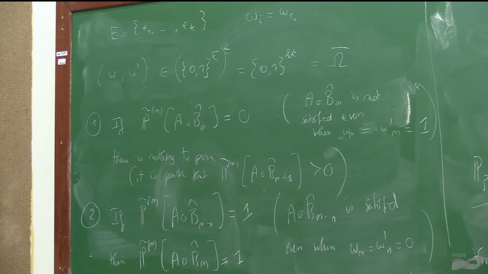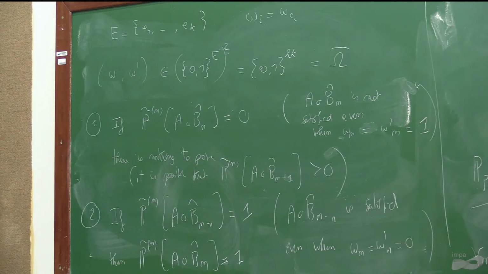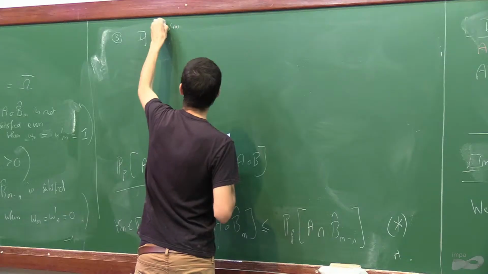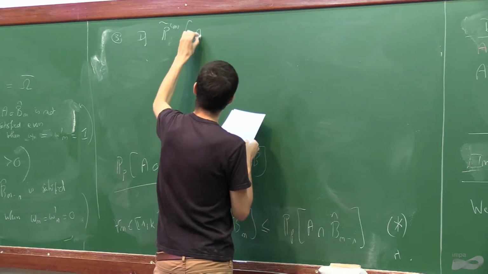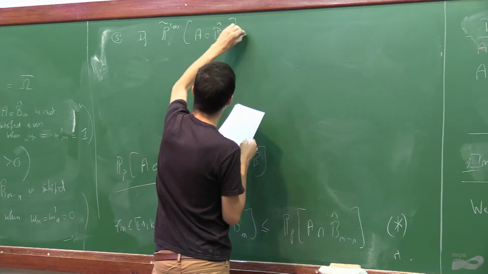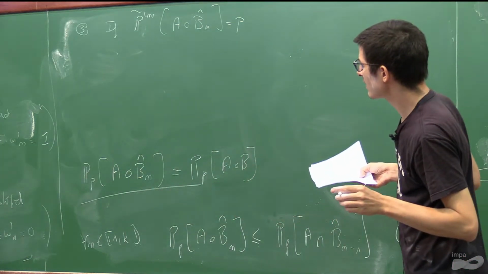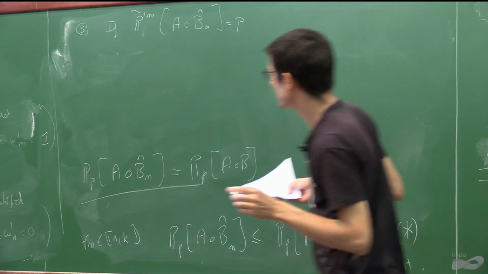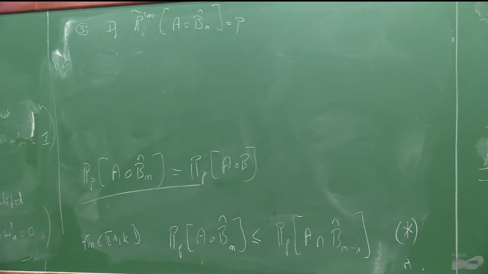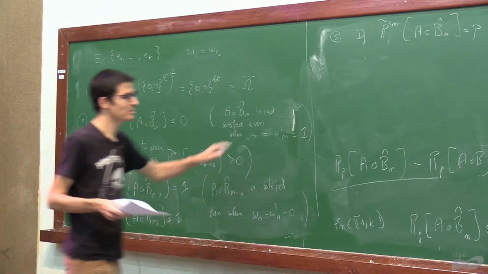So now, the last case is if the probability of A Bn is equal to P. Okay, so if the probability is not 0 or 1, then it has to be equal to P because this event only depends on omega n.